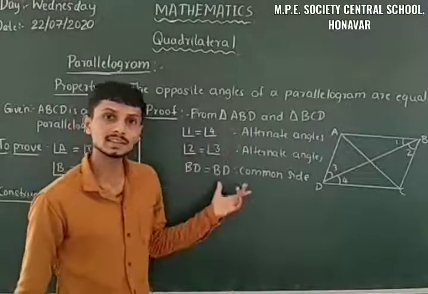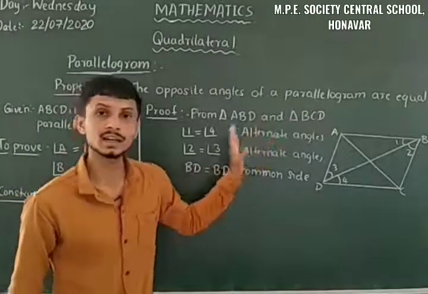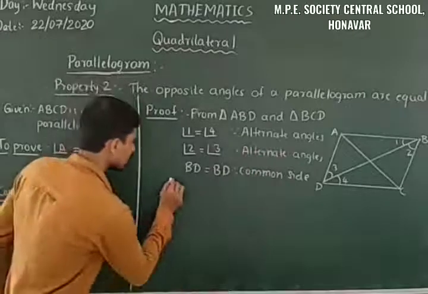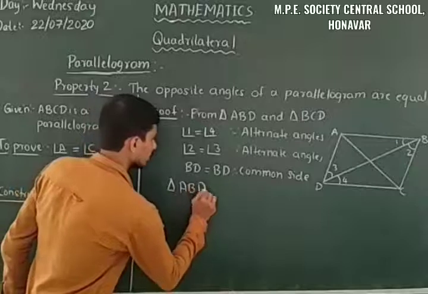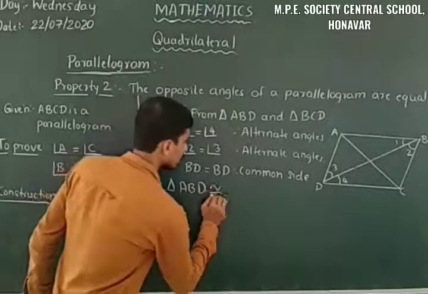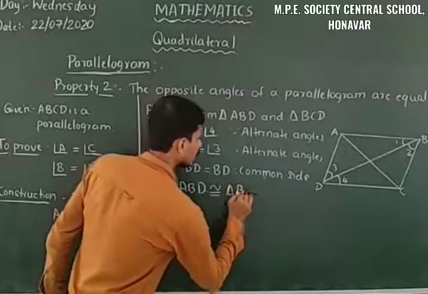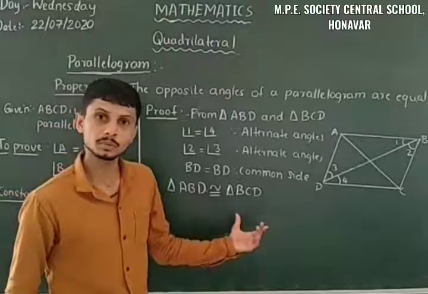With the help of the angle side angle criterion, both the triangles are congruent. So that means triangle ABD is congruent to triangle BCD.